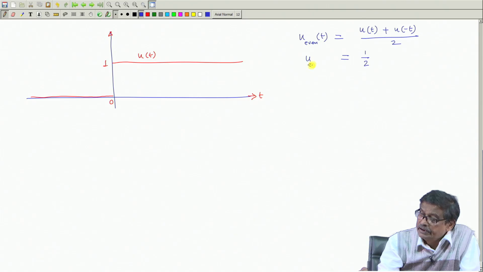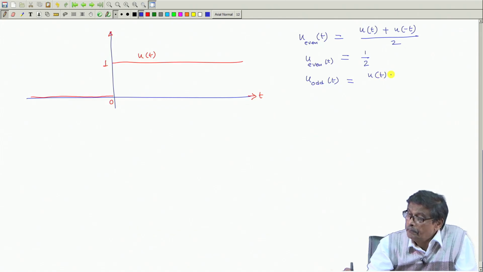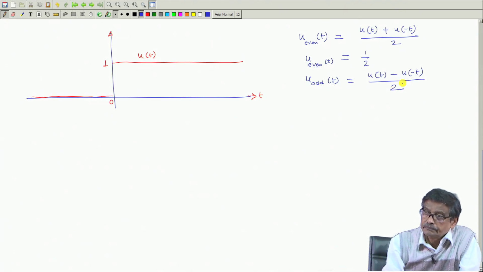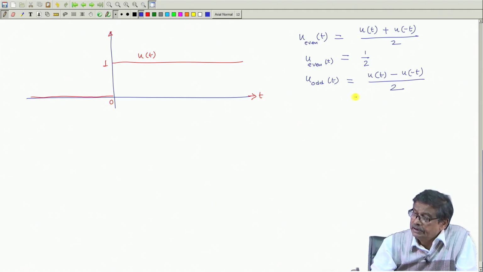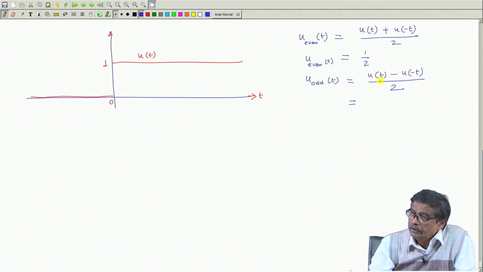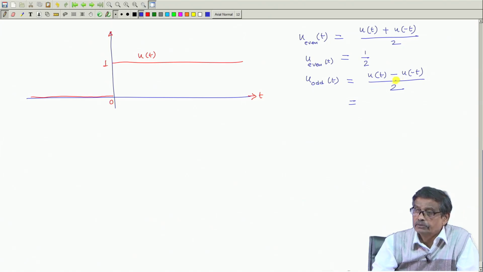So, u even(t) is half, and u odd(t) will be equal to u(t) minus u(-t) divided by 2. So, u odd(t) will be how much? Signum t.